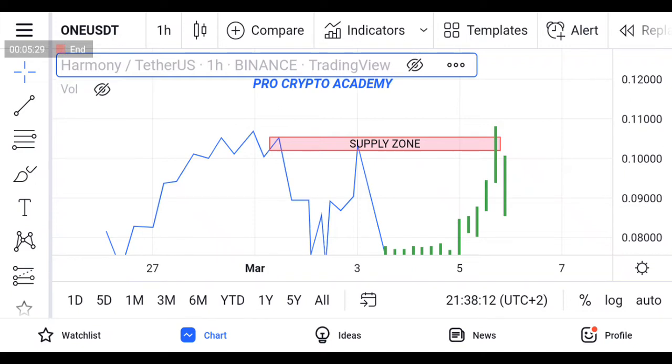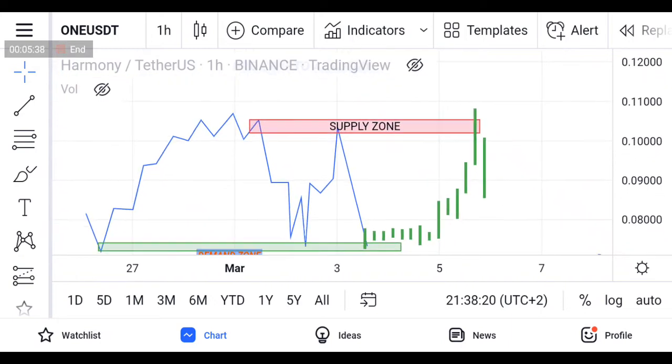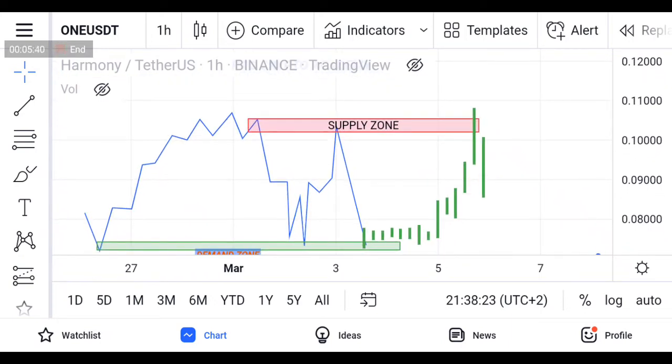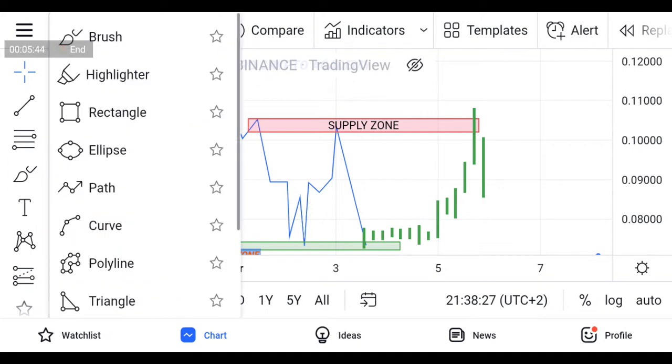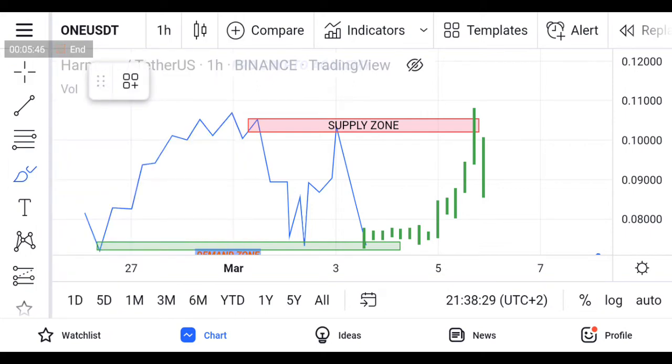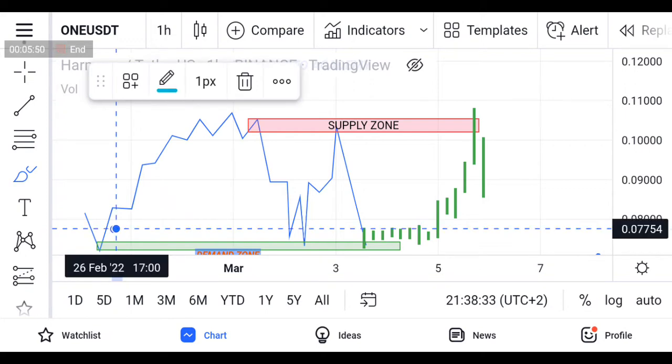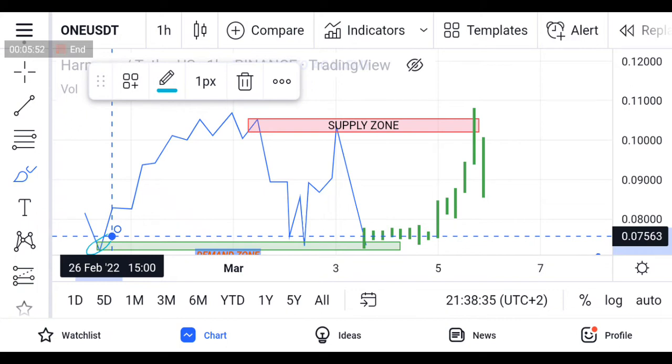Okay, here is our example. I'll just try to be as quick as possible. So you can see that from this level here, we had the beginning of a strong rallying price.